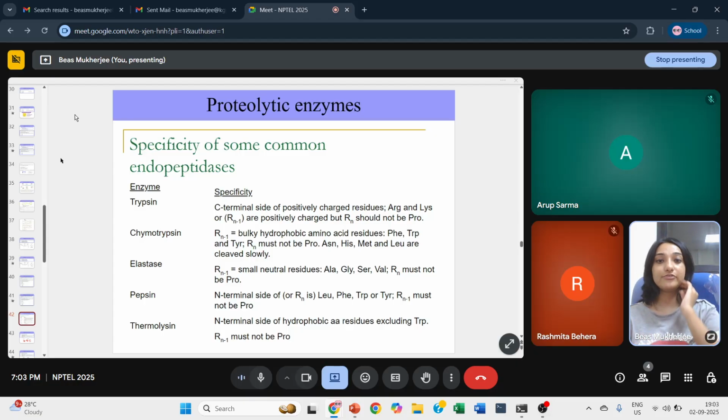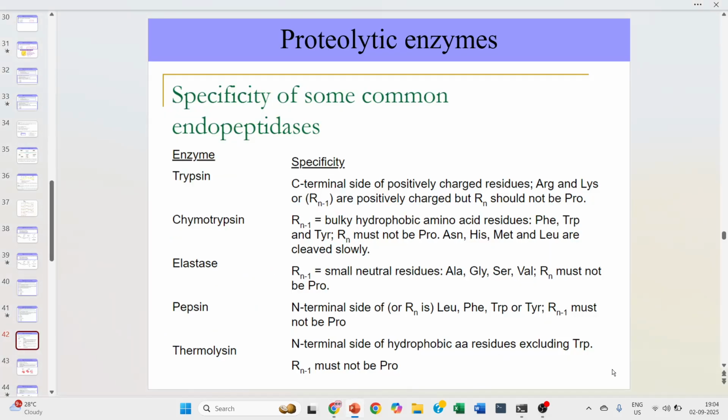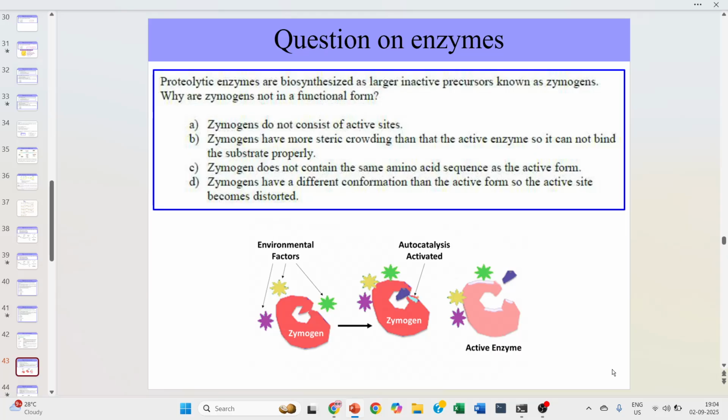Try to understand the difference: the N-terminal of these different residues, and there should not be any proline there. Thermolysin cleaves at the N-terminal of any hydrophobic amino acid excluding tryptophan, and the residue on the N-terminal side should not be proline. This is how you have to remember which enzyme cuts where.